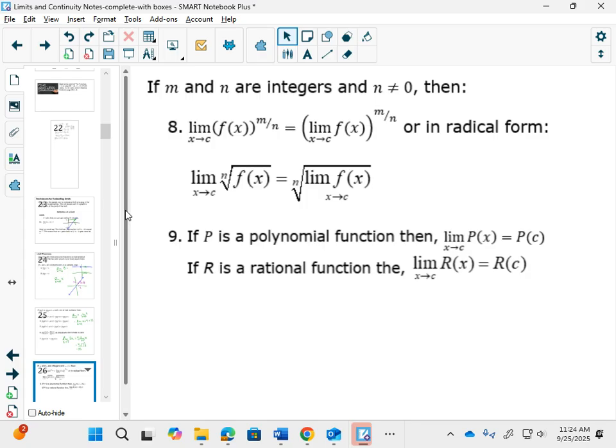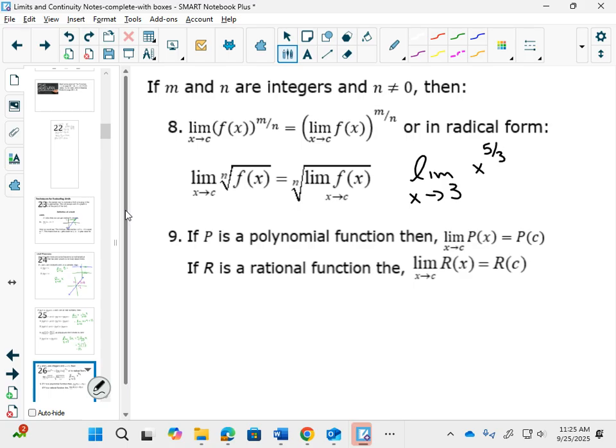So again, I'll put some real numbers in here. Limit as x goes to 3 of x to the 5/3. According to our limit theorems, what I can do is put brackets there and just do limit as x goes to 3 of x.